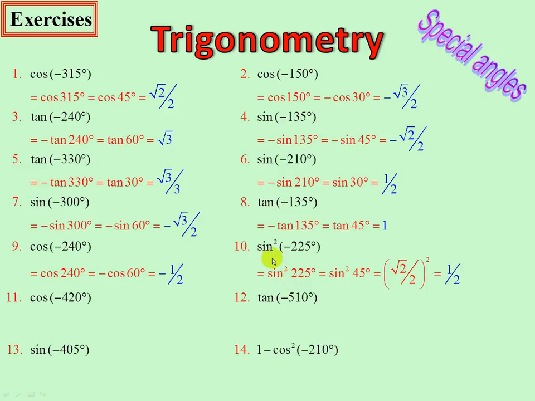And even though sine of 225 is negative sine 45, it'll become sine squared 45 because the negative has been squared out. From there to there, I've just subtracted 360.